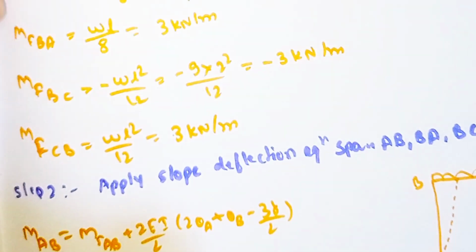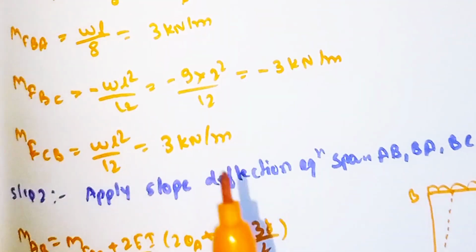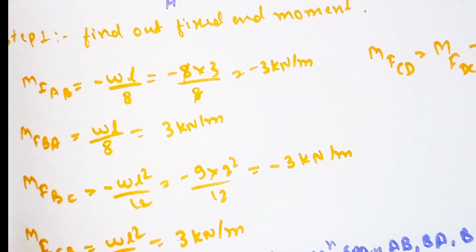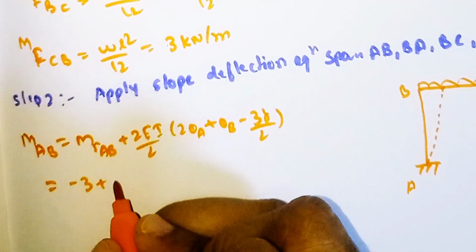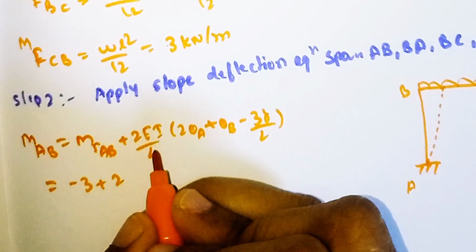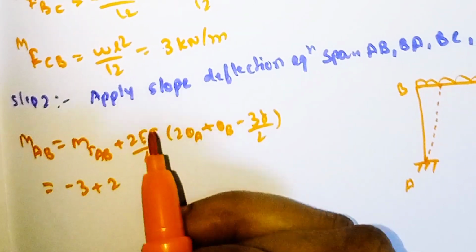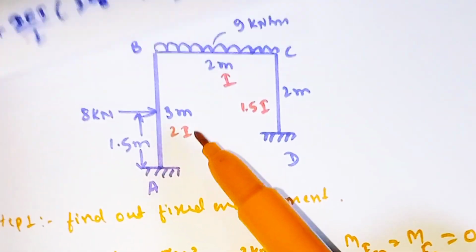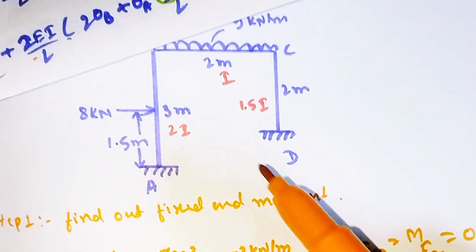The MF_AB value we got was minus 3. So minus 3 plus 2 into EI. The EI value given here for span AB is 2I.